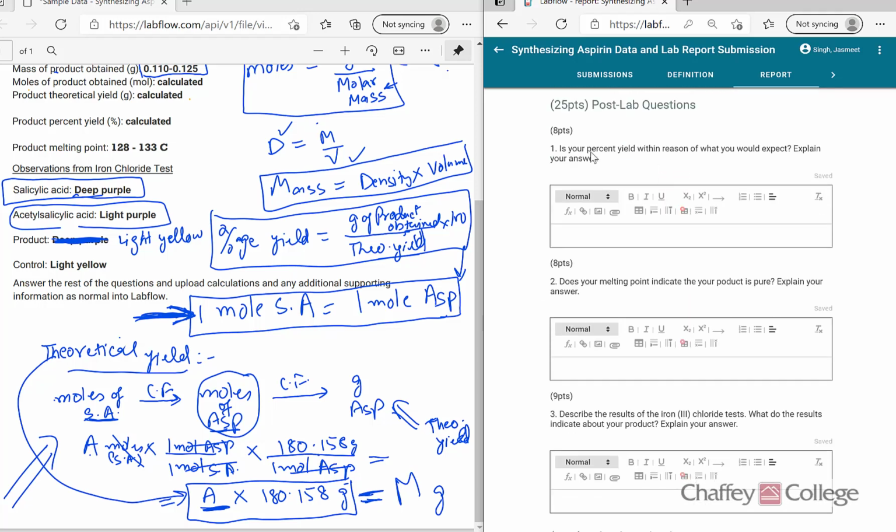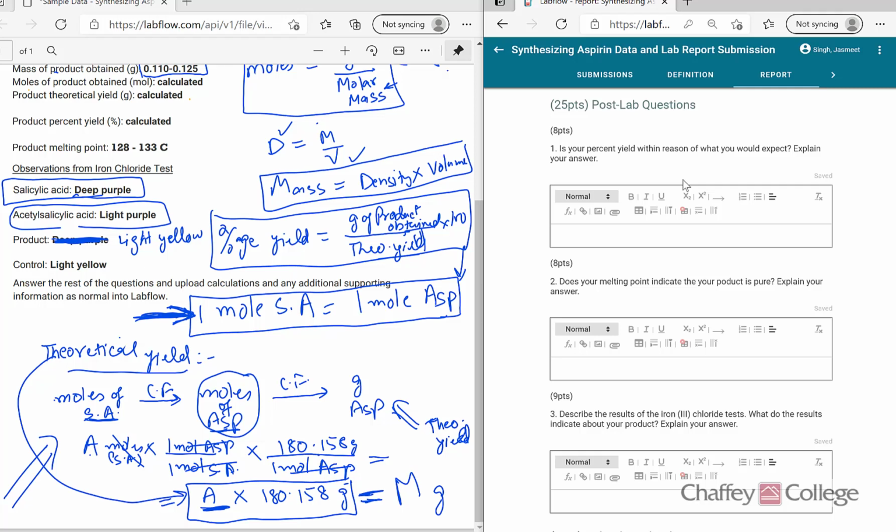And for the post lab questions, please answer whatever you feel like. The first question is: is your percentage yield within reason of what you would expect? Explain your answer. Normally in organic reactions, the percentage yield is not going to be 100%. That's obvious because we always lose some product, but it shouldn't be too low.